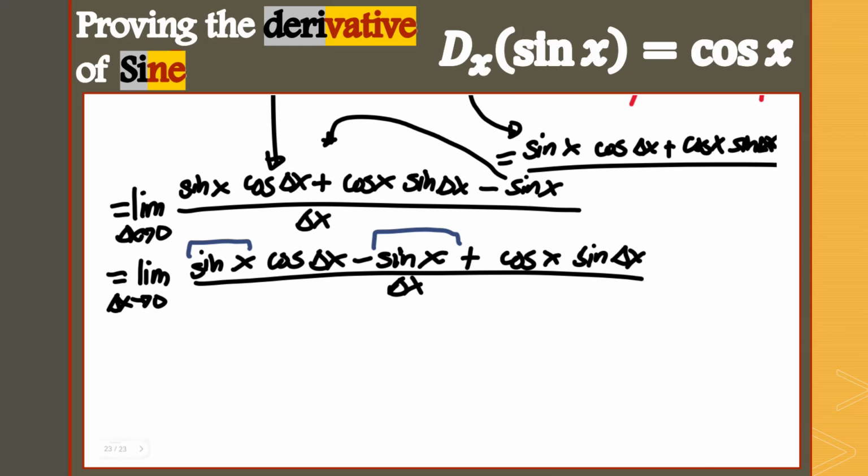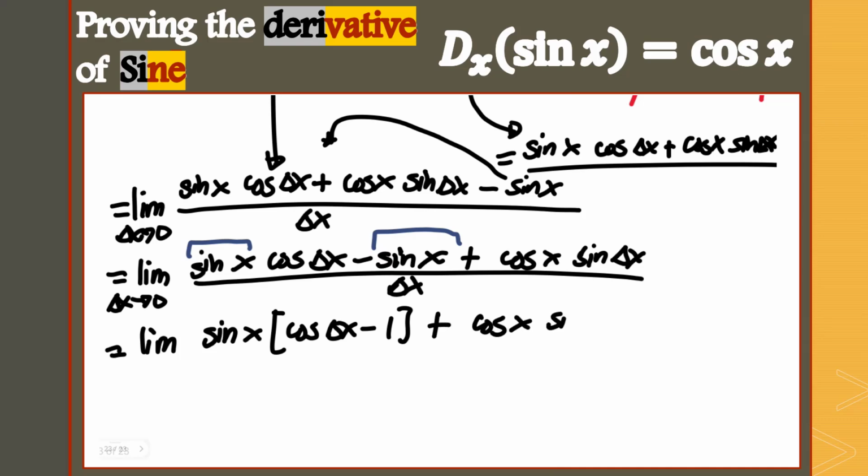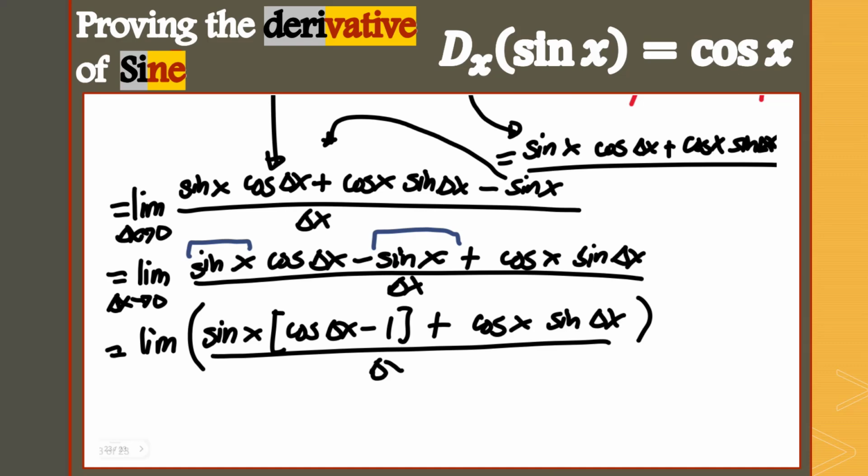I have the limit of sine x times the quantity cosine delta x minus 1, plus cosine x sine delta x, just like that. These are all over delta x.